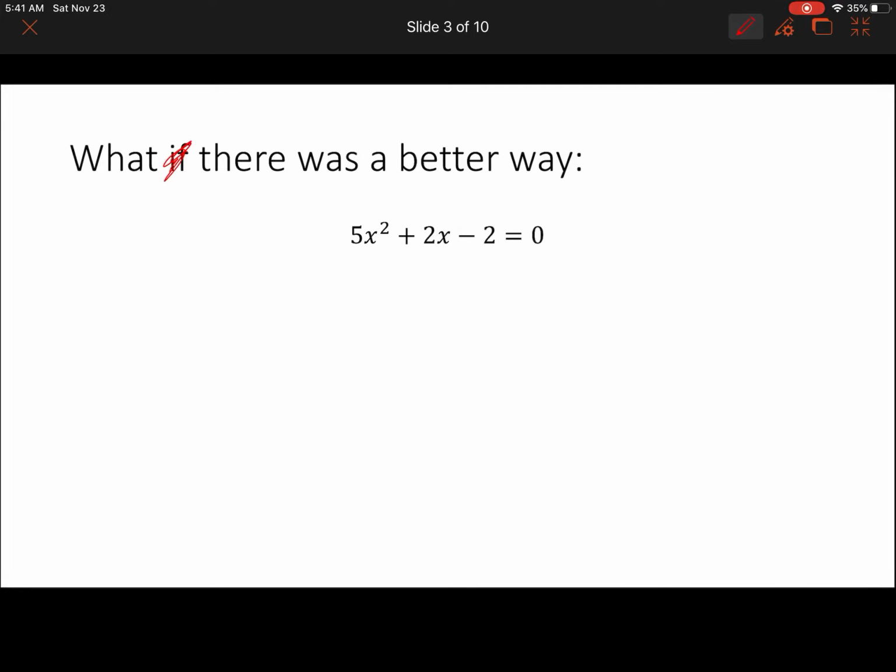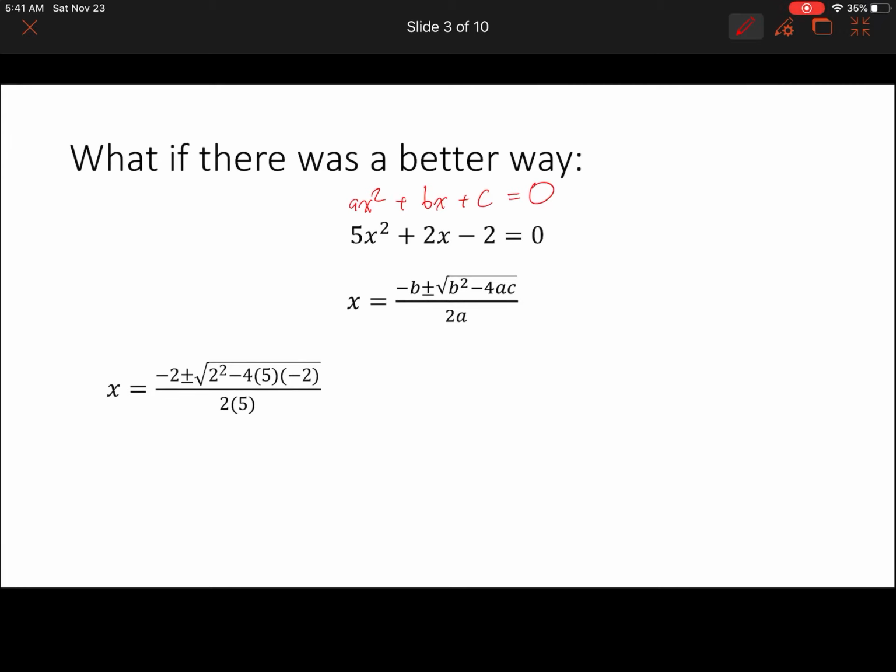But there is a better way, and that's our quadratic formula, which is not pretty either. You're going to need practice with it. What's this b value? That's that. What's this a value? That's the 5. What's the c value? That's that value. So this is ax squared plus bx plus c equals 0.